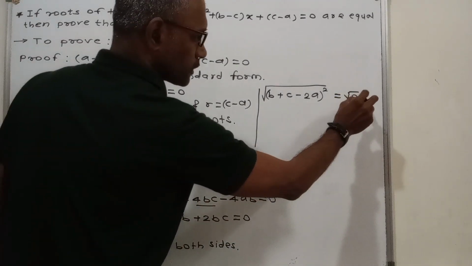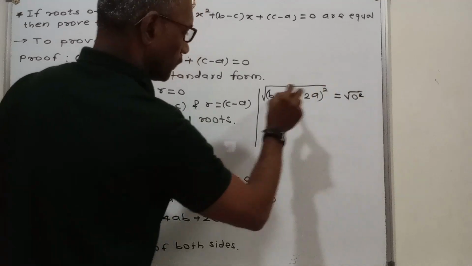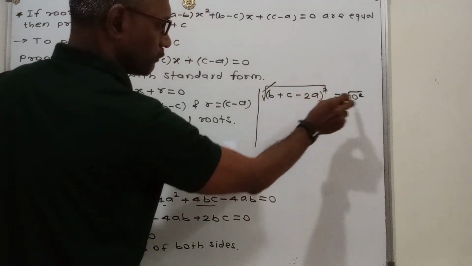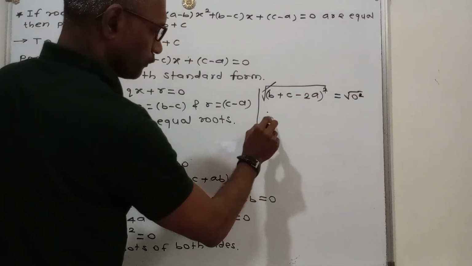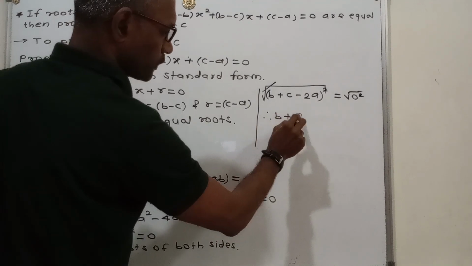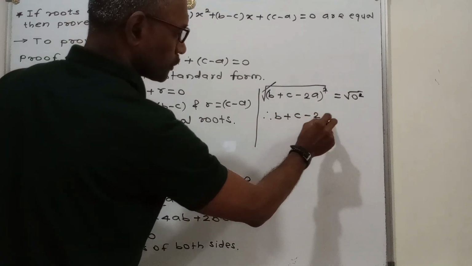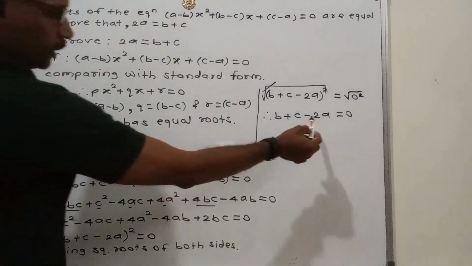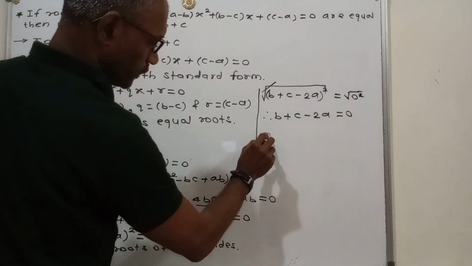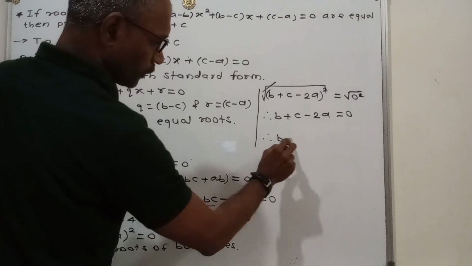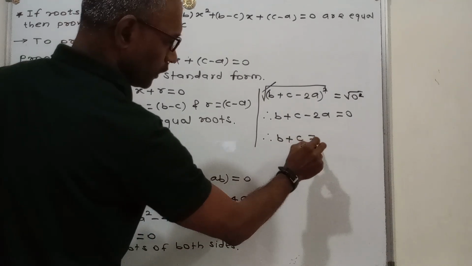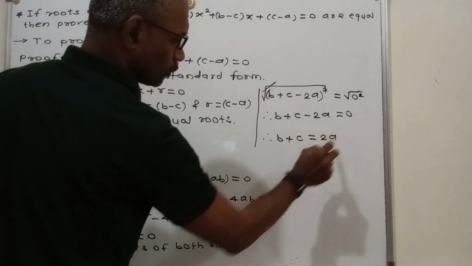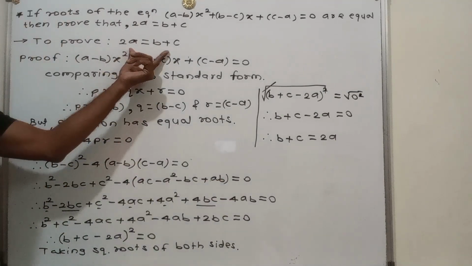Okay, there is no need, but write that way. Therefore b + c − 2a = 0. Now we take the minus 2a to the right side. Therefore b + c = 2a. This is what we had to prove.